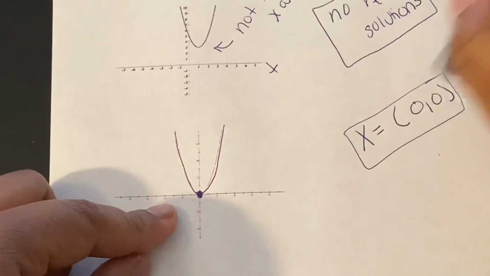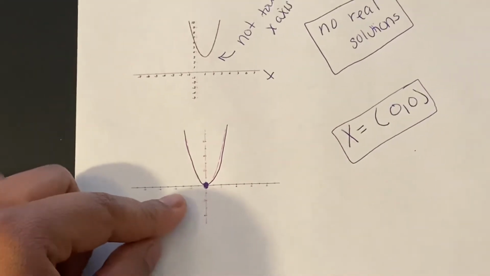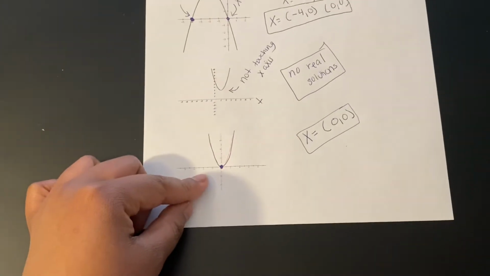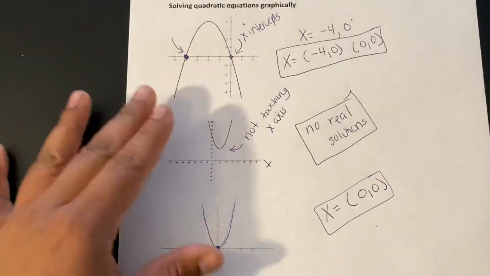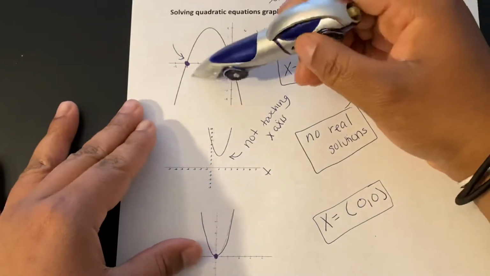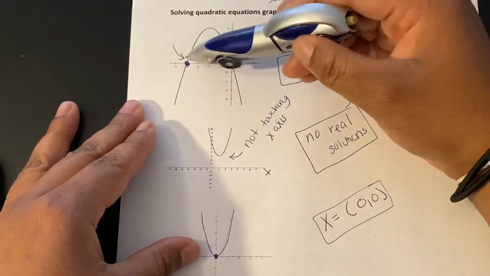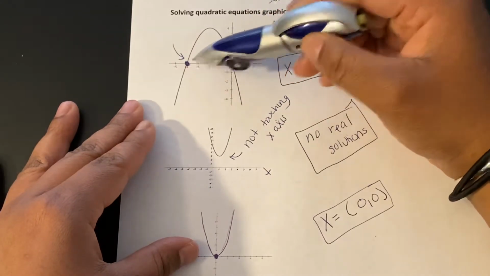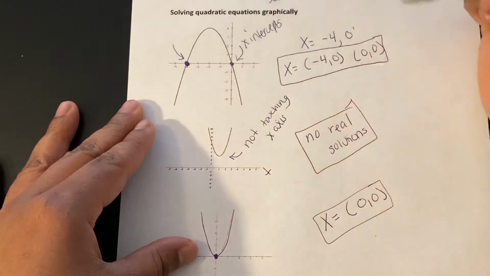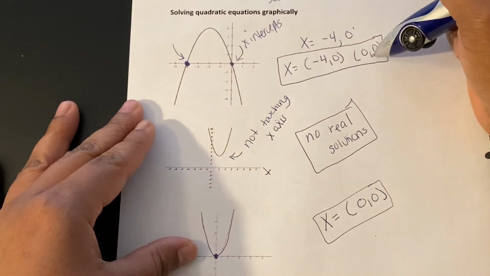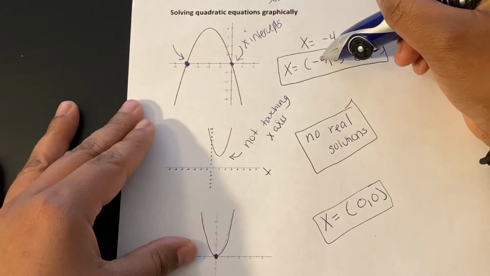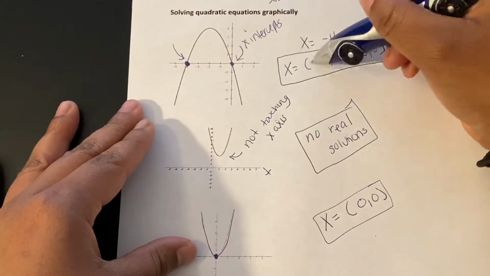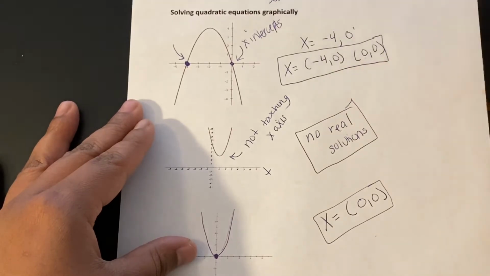Okay. So now looking at all of them, we have different situations possible. We have a situation where the parabola touches the x-axis twice, which is usual, and then you write it out as 2 points, where x is the number where the graph touches the x-axis, to 2 numbers, and then the y value is always 0.